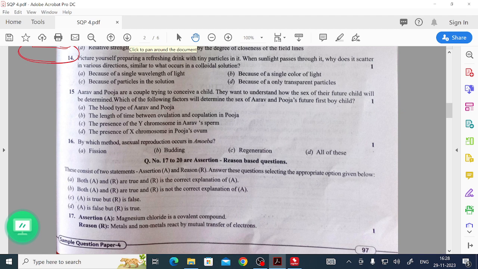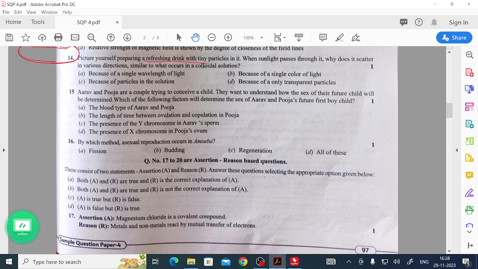What concept is this based upon? Question number 14. Human eye. Super, that is the chapter name. One girl is saying the electricity chapter, one girl is saying the human eye. What topic? Tyndall effect. Here, picture yourself preparing a refreshing drink with a tiny particle.